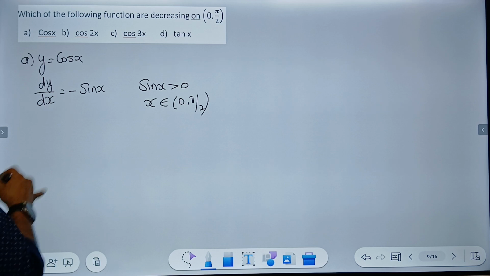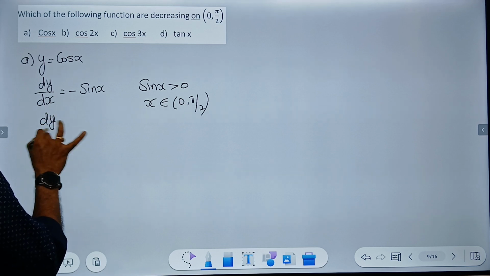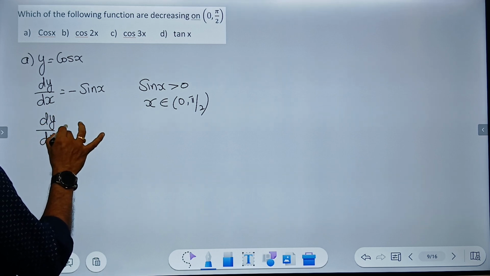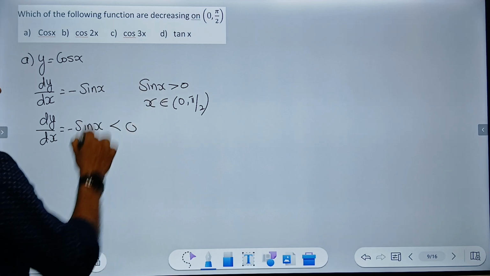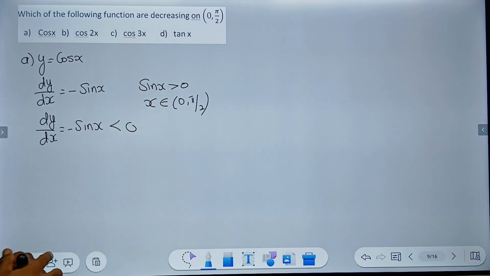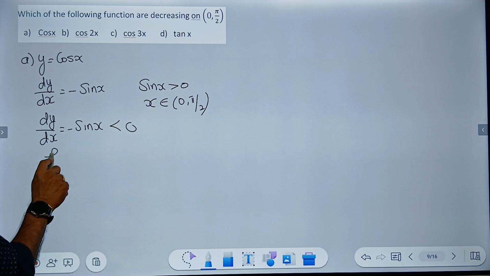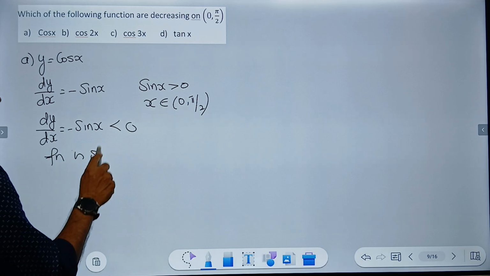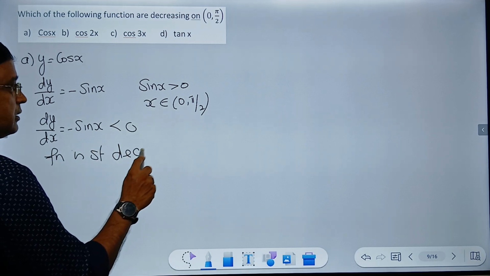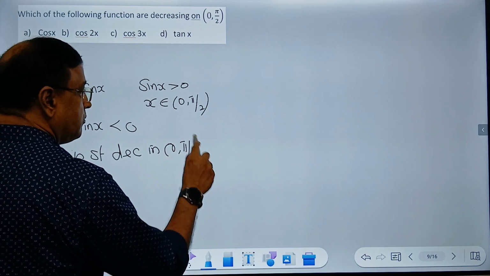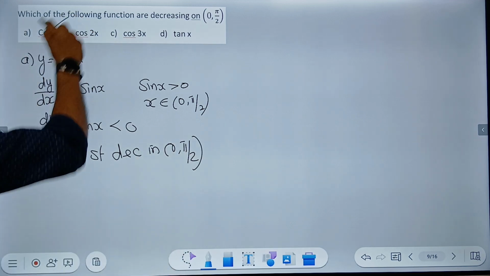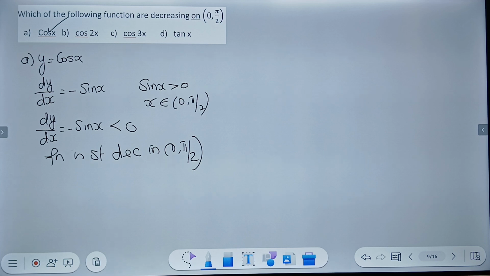So obviously dy by dx equal to minus sin x is negative, because sin x is positive, minus sin x is going to be negative. So I can say the function is strictly decreasing in 0 comma pi by 2. Now let's go to the next one.